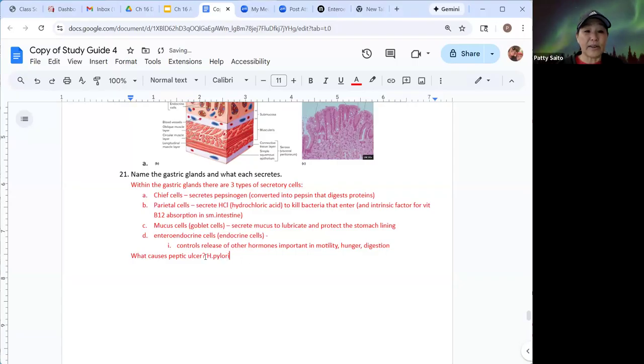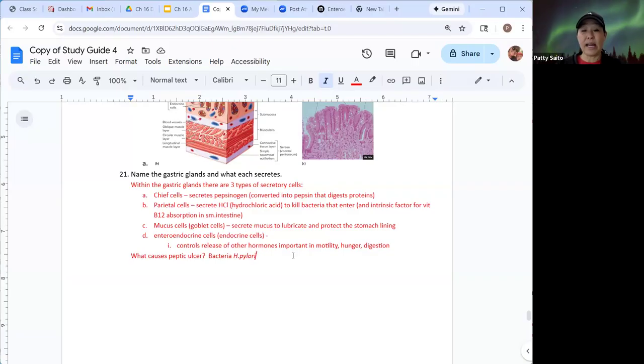So that's the bacteria. And lo and behold, soon after, both of them developed ulcers. Okay. H. pylori is the name of the bacteria, Helicobacter pylori. And so they both got ulcers.